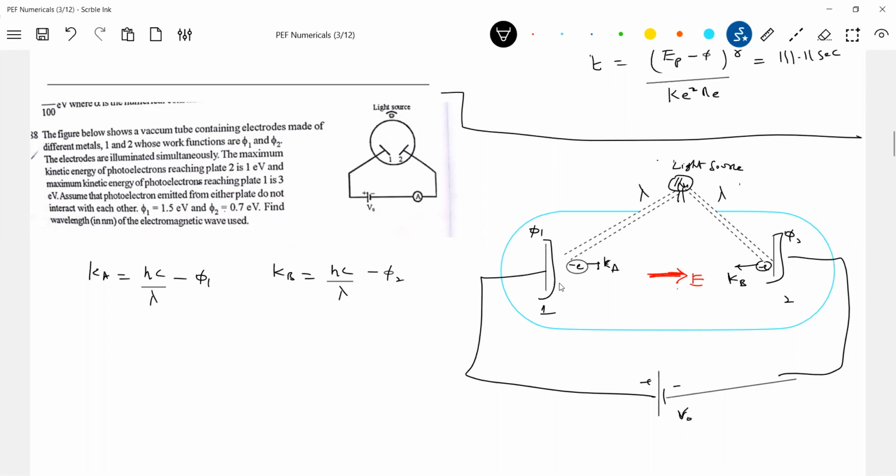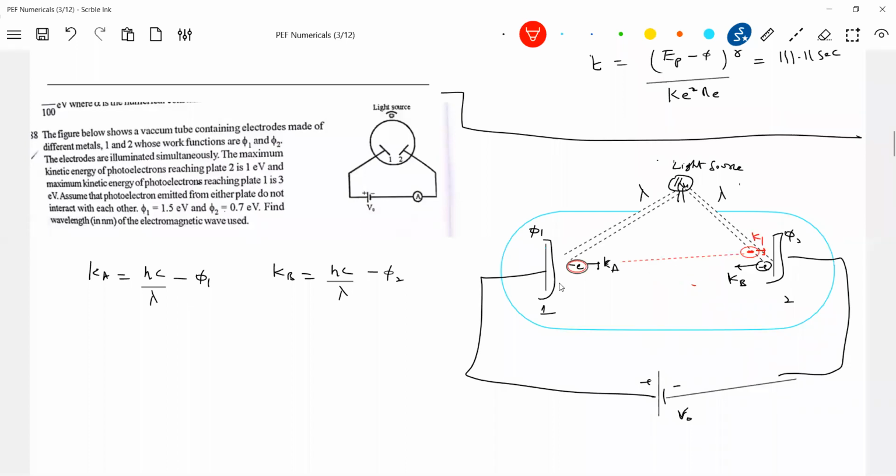Next, the electrostatic force does negative work, no? So by the time this electron reaches there, I'll give color, let it be red color. By the time it reaches here, it will have K1.